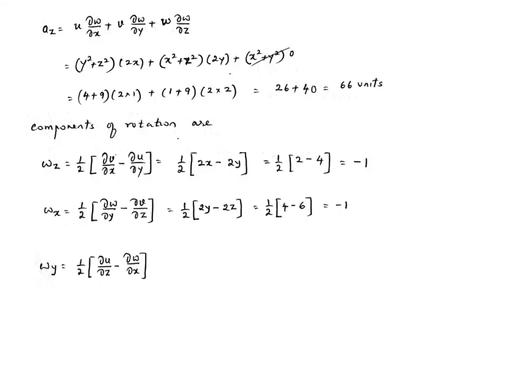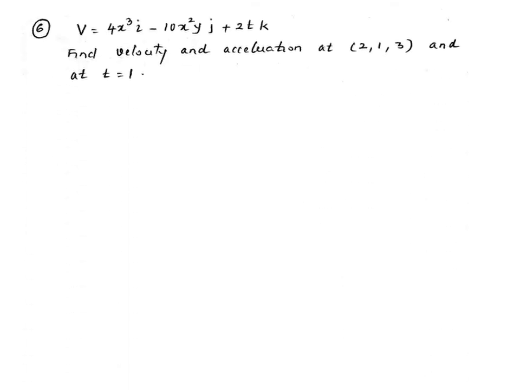Take u and differentiate with respect to z, which will be 2z. Take w and differentiate with respect to x, which will be 2x. So that gives half into (2z − 2x). Substituting the values, you will get 2 as the answer. So these are the components of rotation, which can be determined by using the equations for the rotation components omega x, omega y, and omega z.